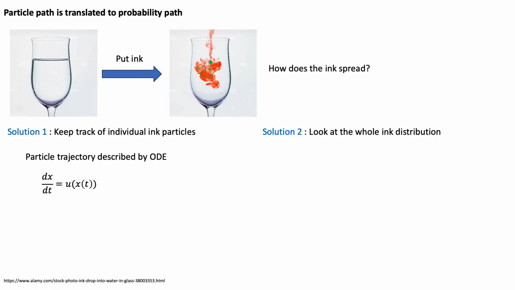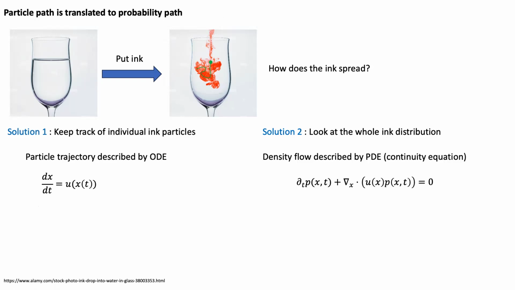Another way to understand the motion of this ink is to look at the whole picture of the ink. It means to understand the distribution. Then this density of the ink can be described by the following PDE, which is called the continuity equation.